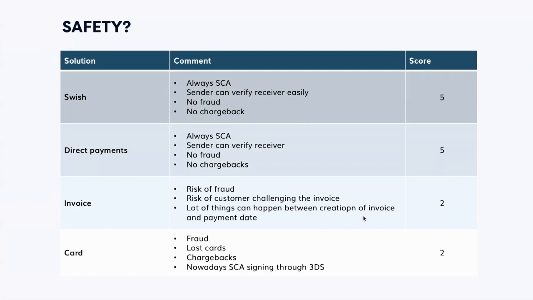Here in Sweden, that means BankID. In other markets, there are different strong customer authentication methods, but they work in the same way, making sure that the user is always safe. Pretty much 0 fraud, 0 chargeback. And of course, before sending away the money, you can also verify that you are sending the money to the right recipient.